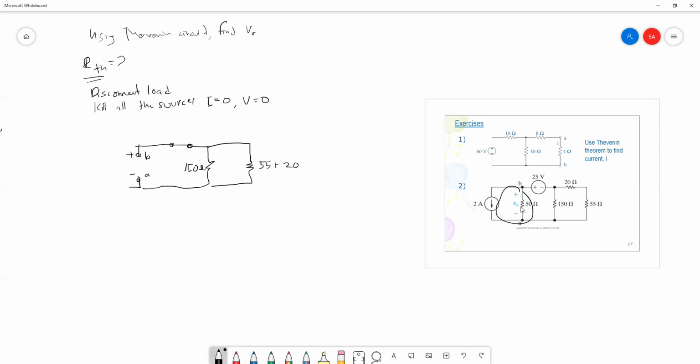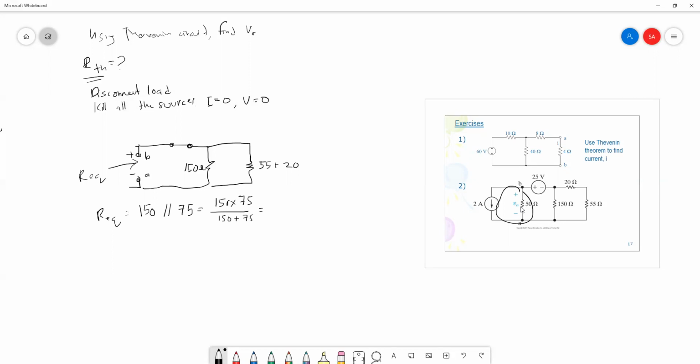So your R equivalent can be seen from this. Okay, so from this I can see that my R equivalent is actually 150 parallel with 75, which you can calculate: 150 multiplied with 75 over 150 plus 75.